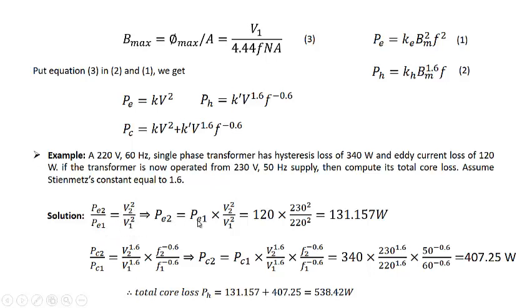So PE2 will be equal to PE1 into V2 square by V1 square. So PE1 is given as the eddy current loss, that is 120. V2 is given as the second voltage, that is 230 volt, and V1 is 220 volt. So when you multiply it, it comes out to be 131.157 watts.